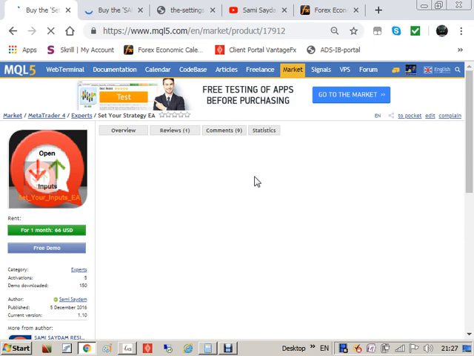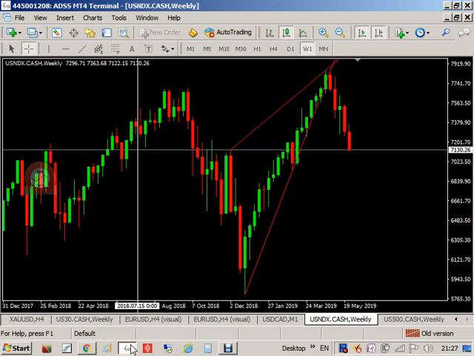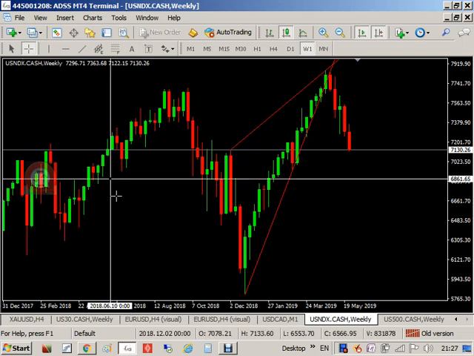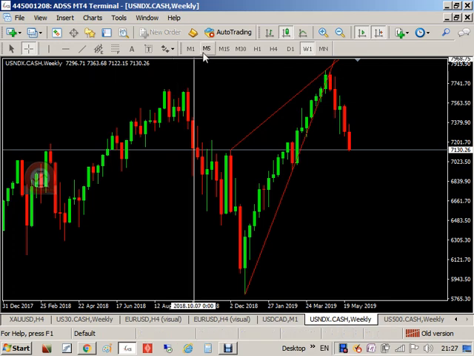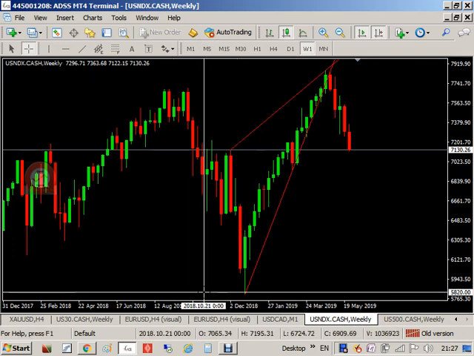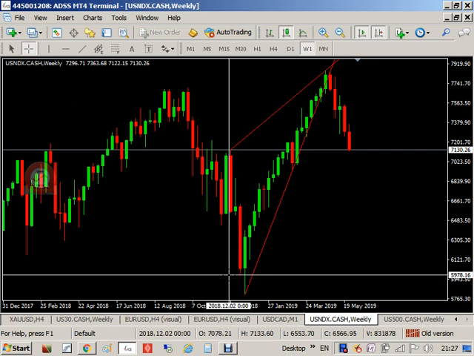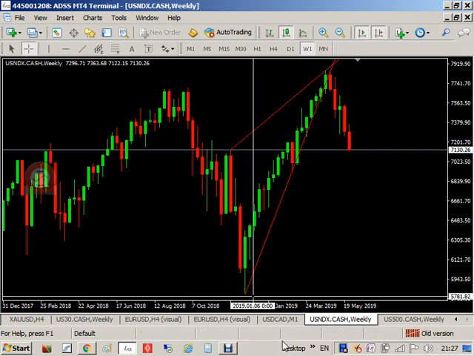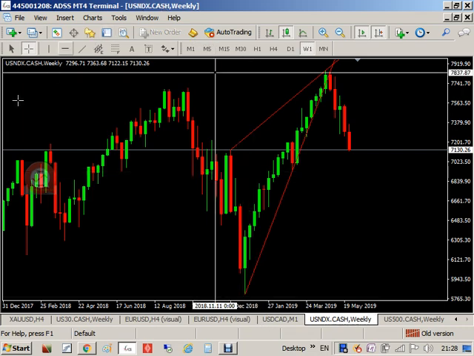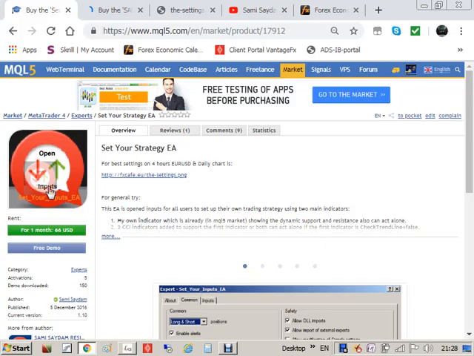Also, if you put it on a virtual server, it will send you the signal, the same pop-up window, to your mobile, and you know how to activate the signals to come to your MT4 mobile. You can read about it on the MQL5 website.